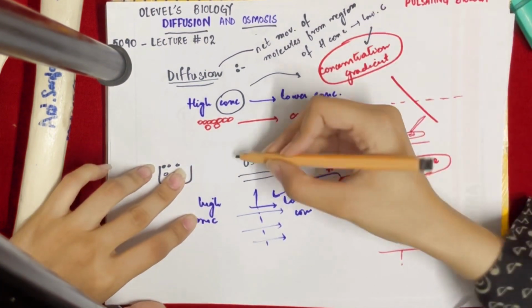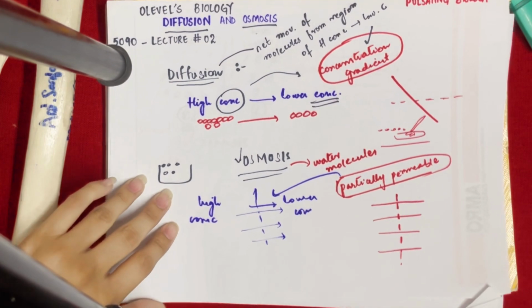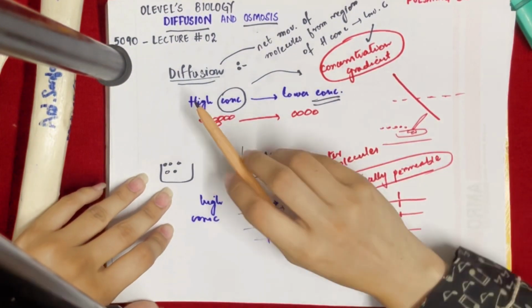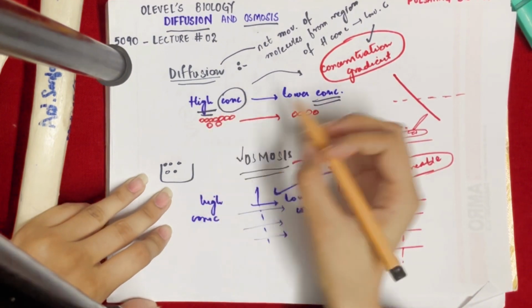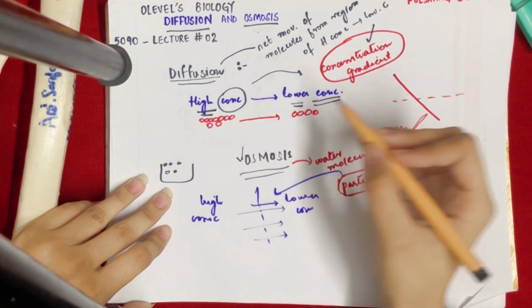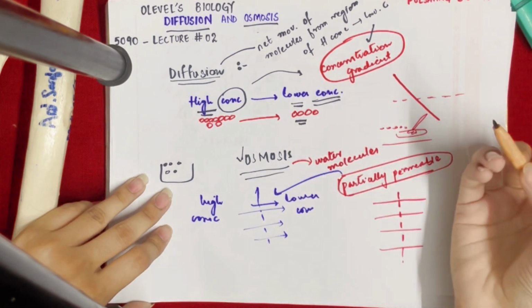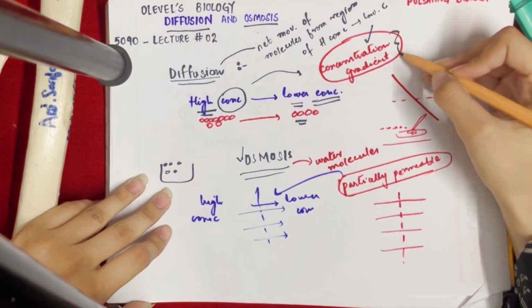Do remember that in osmosis we learn about water molecules, but in diffusion we talk about regular molecules. So the definition says the net movement of molecules from the region of higher concentration to the region of lower concentration, that means from where there are more molecules to where there are fewer molecules. But the key point here is the concentration gradient.